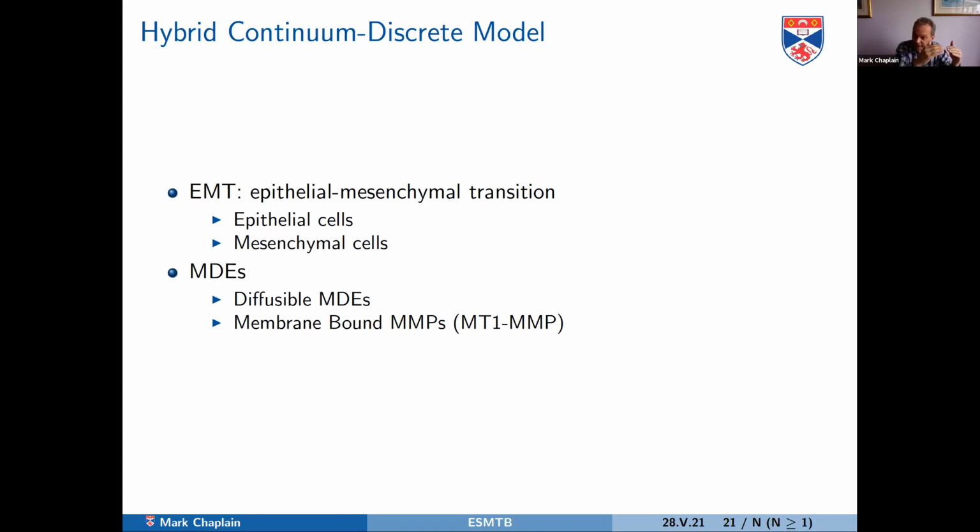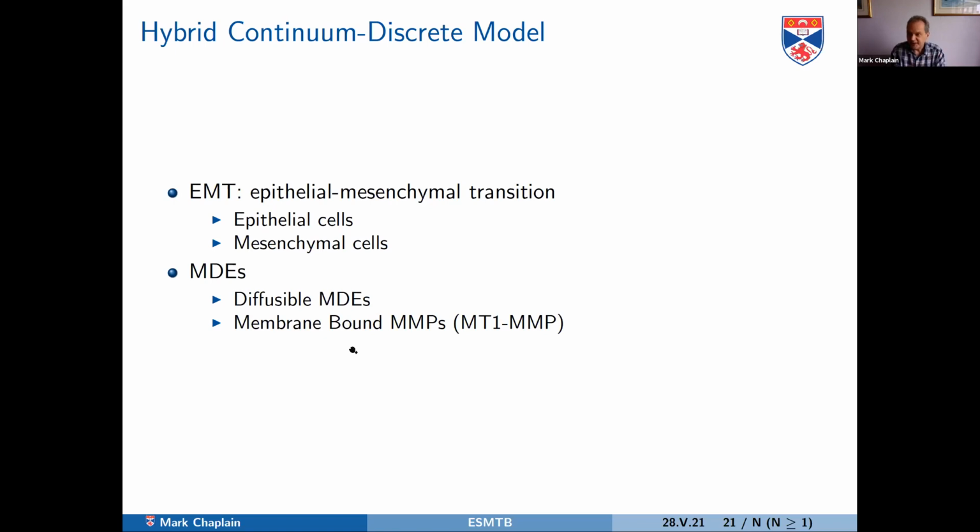Epithelial cells are rather non-motile, so in order to invade, they have to change phenotype into mesenchymal cells, which are more motile. There's been a lot of work on this phenotypic transition over the years, and that's led to a lot more knowledge of it. So that's something that should be included in an updated invasion model.